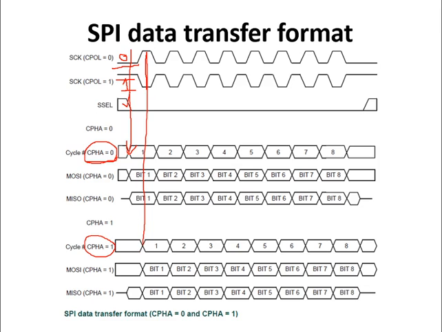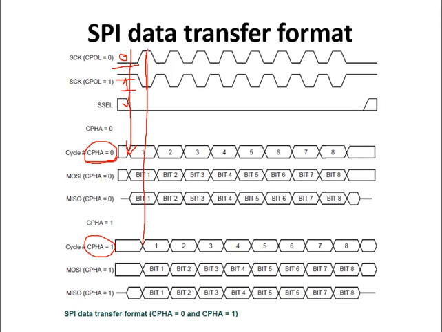Here the data is modified when a low level is present, and the data is transferred when the clock phase is equal to 0, meaning when 0 is present there. When the first level is present, the data must be changed immediately.